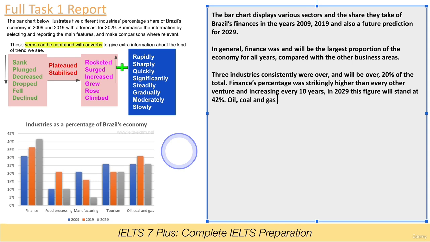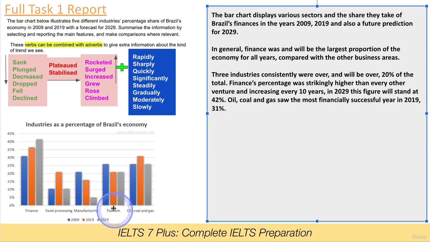Oil, coal and gas saw the most, or oil, coal and gas saw the most financially successful year in 2019. And let's do 31%.